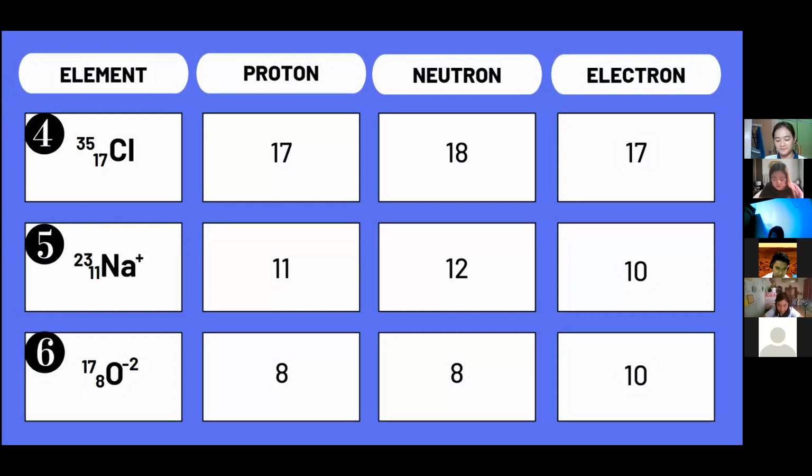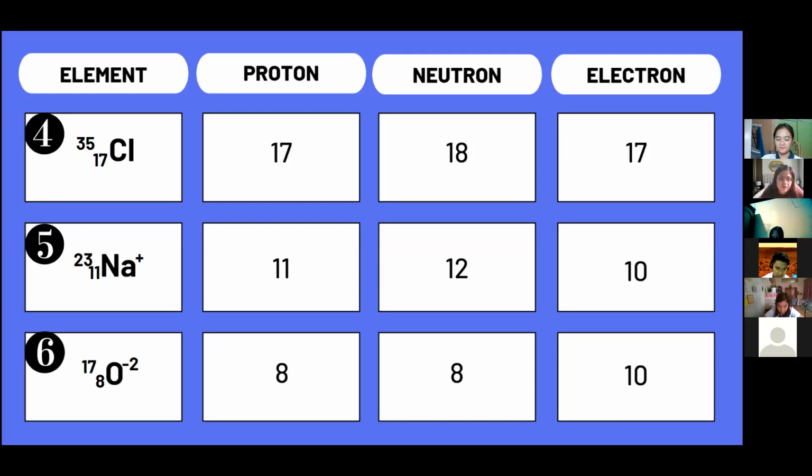So sa Cl, ganun din. Proton atomic number 17 din ang proton. 35 minus 17 is equals to 18 ang neutron. Then 17 kasi wala tayong charge, 17 ang electron. Then dito sa Na, sa sodium, meron siyang charge. So, balikan natin sa proton.